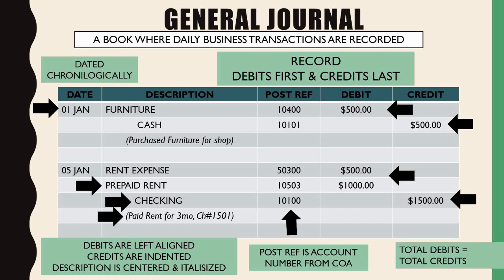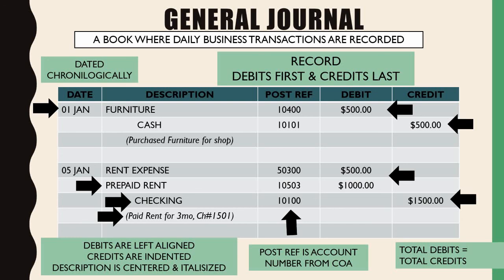And of course, we need to make sure that when we debit, right? Let's say we spent money. The first example, right? I spent $500 for furniture. So in this idea, I bought furniture, so I increased my furniture account. But in order to do that, I had to lose cash or decrease my cash flow.